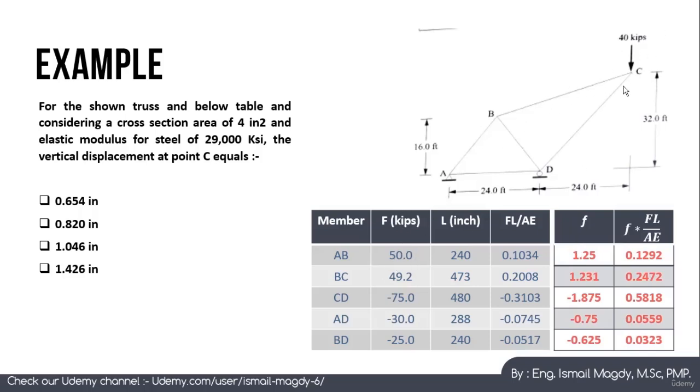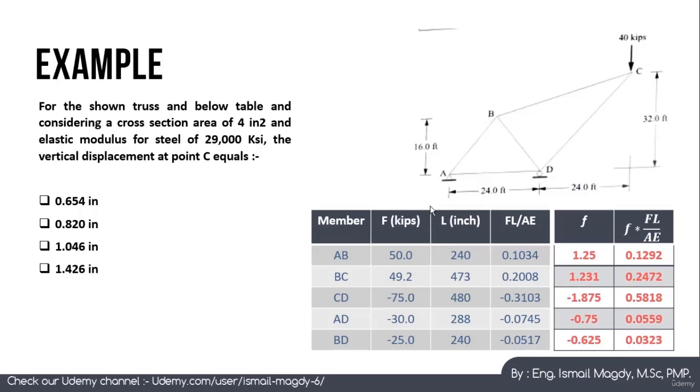Here we know that the initial force was 40 kips, and we replaced it by only 1, let's say 1 kip also, so this means the forces will change proportionally from 40 to 1. This means that the force inside AB will change from 50. Again, you divide it by 40, and you get 1.25. The same applies here for BC, which is this member.